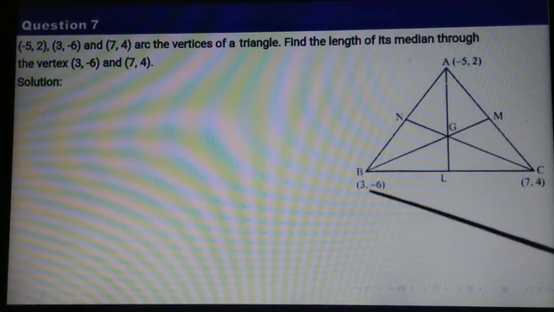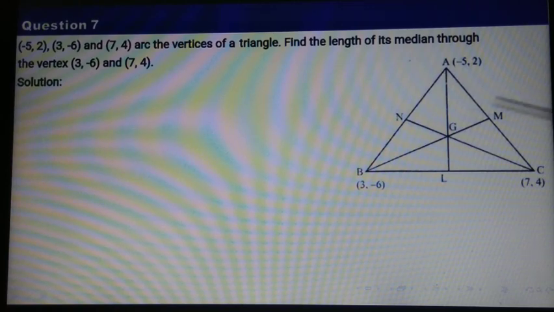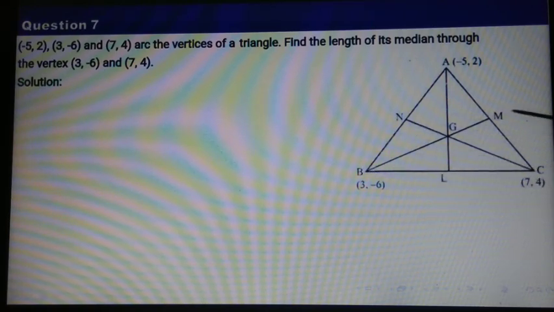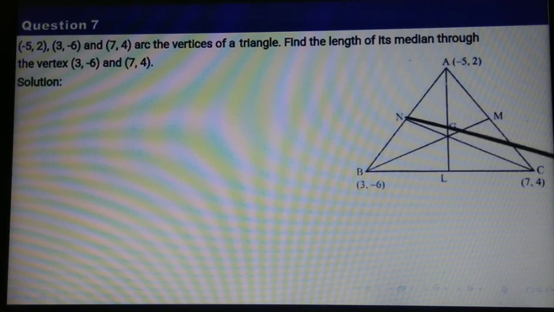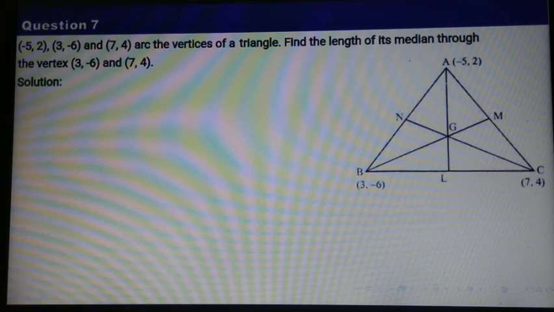That is, we need to find the length of the median from B and C. Okay, so median means first you need to find the midpoint. Okay, and you need to draw a line joining the midpoint and the vertex. Okay, so BM is also one median. Okay, similarly N is the midpoint of AB and CN is the median. Okay, L is the midpoint of BC and AL is also one median. Fine. So having understood this, let's begin.